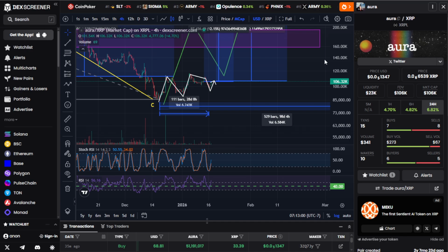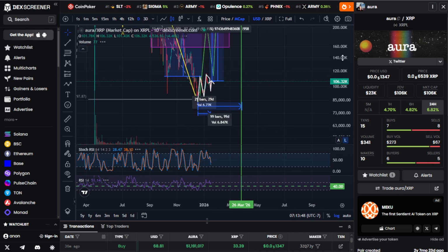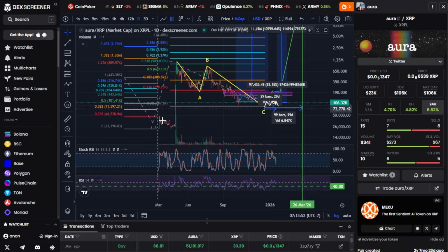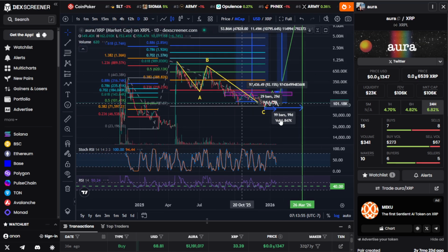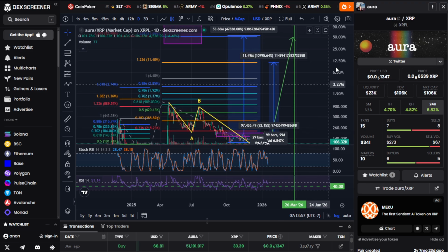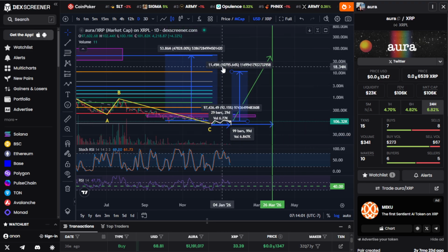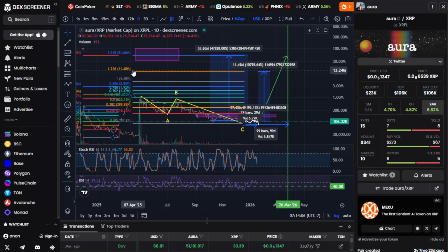Now we come back to Aura and zoom out on the daily. We have the same tool in place here, and we measured the length of this run to that one. Our 236 from our current price action is a 107,095% move, and that would take us to an 11 million market cap.